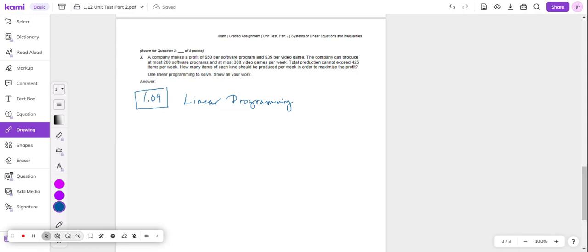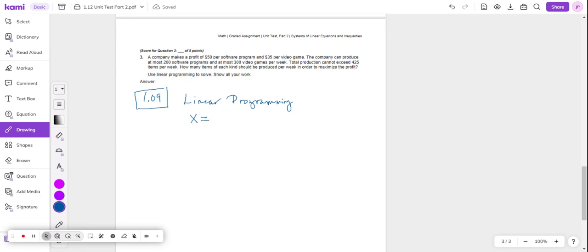So on this problem, you're going to have to come up with what your two variables stand for. Okay, I will kind of get you started here. I let my X be the number of software programs the company could produce.